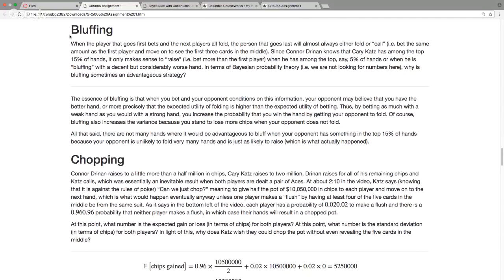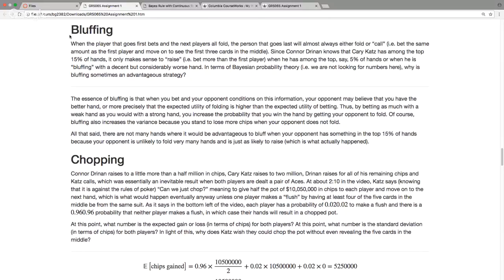That at least raises the doubt that you have a better hand than your opponent, when in fact that is not true, or it changes the expected utility calculation as to whether the opponent should bet or should fold.